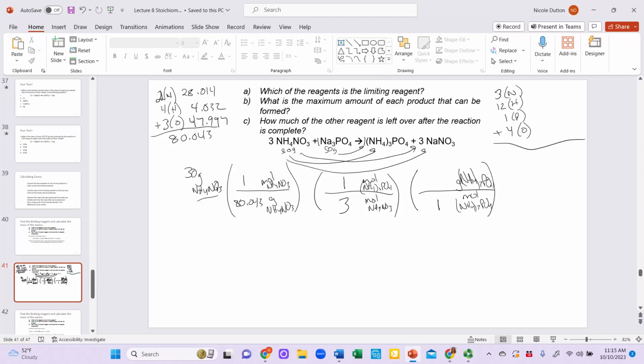So we have 3 times 14.007, and that's going to give us 42.021. We have 12 times 1.008, and that's 12.096. Then we have 1 phosphorus, 30.974.